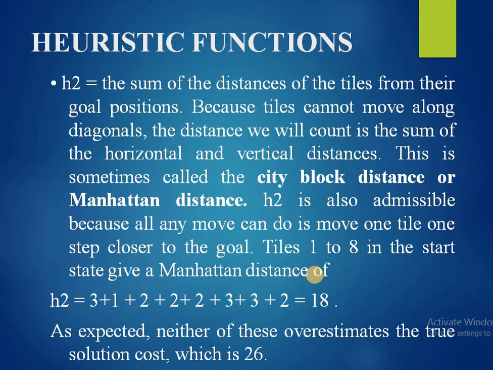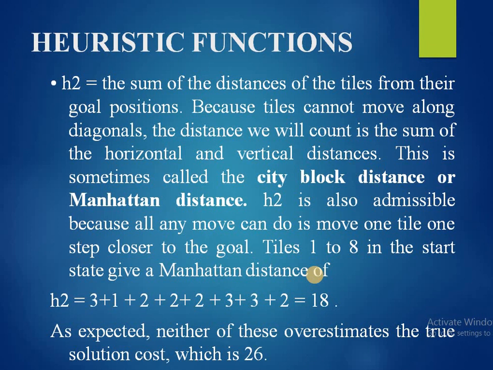This is sometimes called the city block distance or the Manhattan distance. h2 is also admissible because all any move can do is move one tile one step closer to the goal.